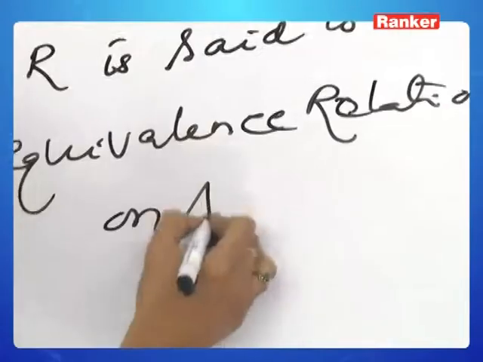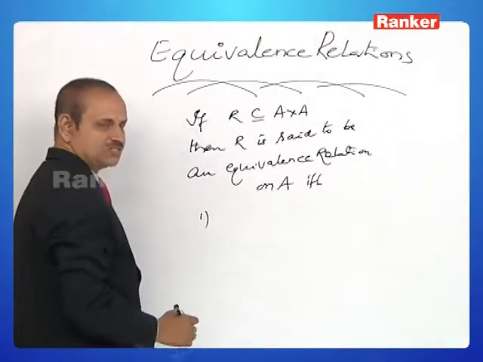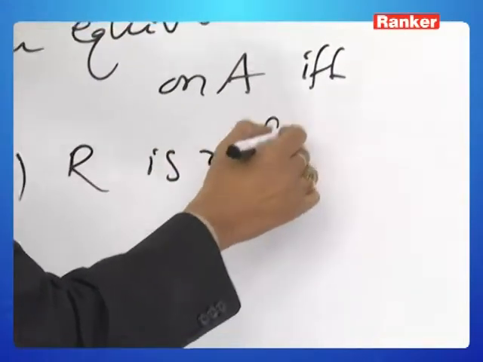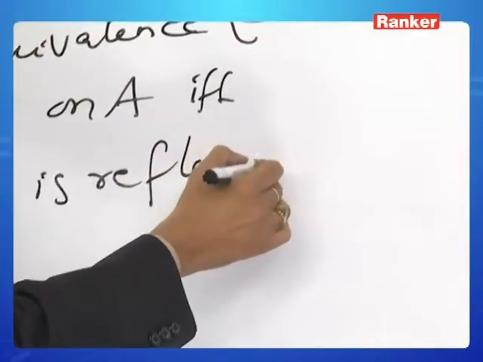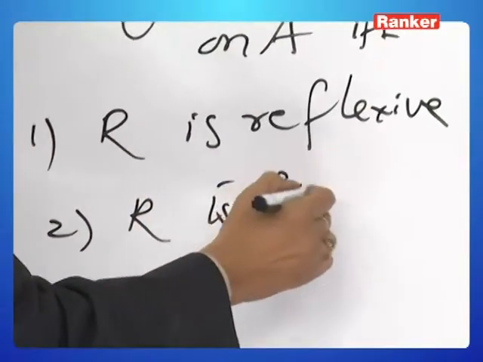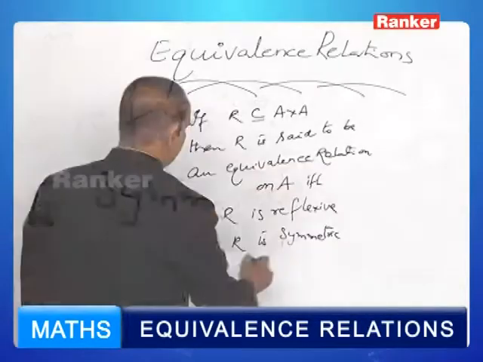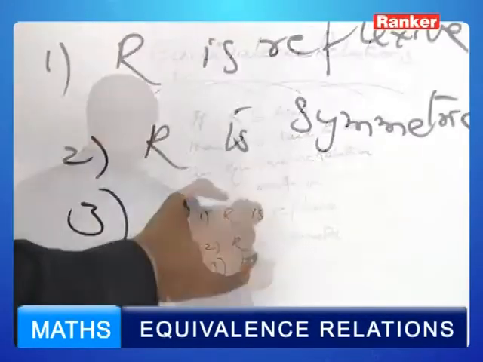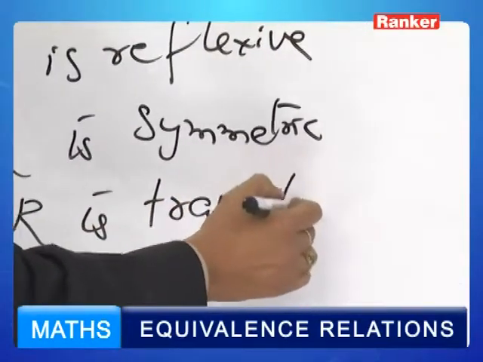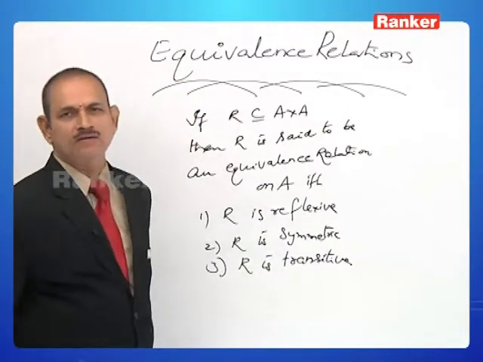on A if number one, R is reflexive. Number two, R is symmetric. Number three, R is transitive.